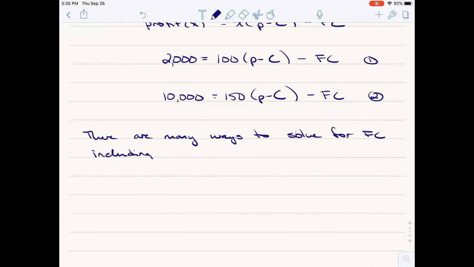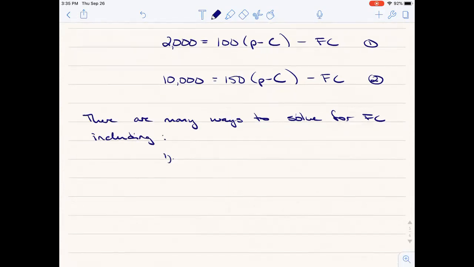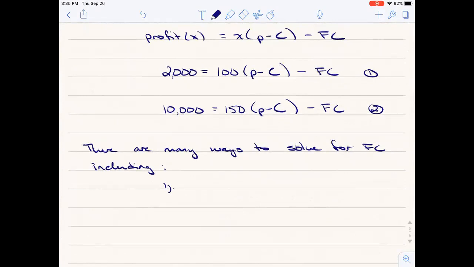including by substitution. We can solve for the fixed cost in one of the formulas, substitute it into the other, figure out what P minus C is. The key being, treat this P minus C, because they're both variables, as one thing.